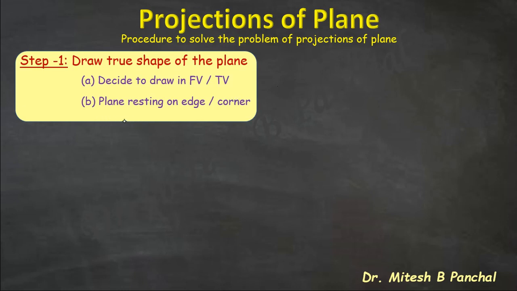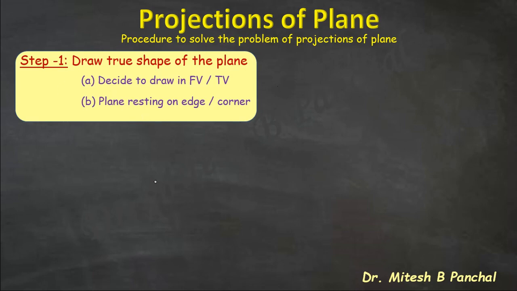And second point, that is regarding the orientation of the true shape. If plane is resting on its edge, then for true shape, consider that resting edge perpendicular to xy. And if plane is resting on its corner, then we have to draw true shape in such a way that the line joining the resting corner and center of the plane will be parallel to xy.